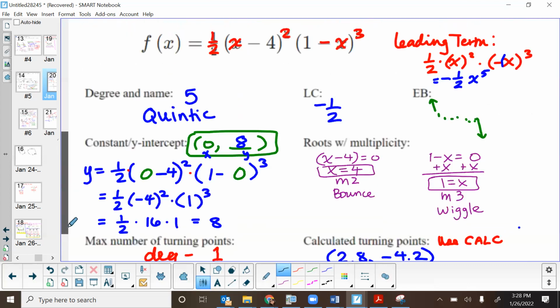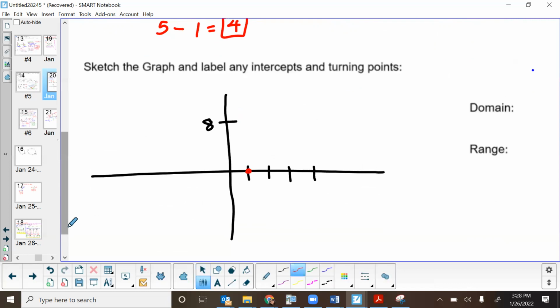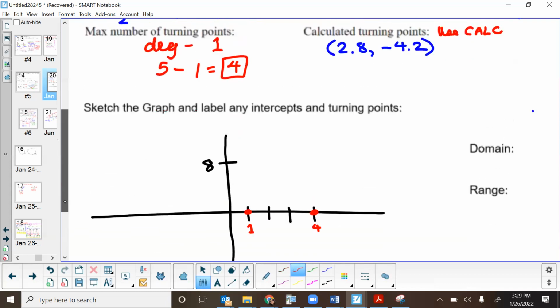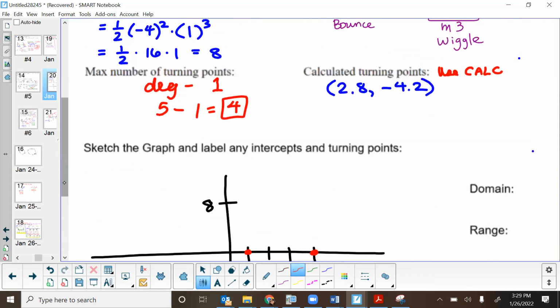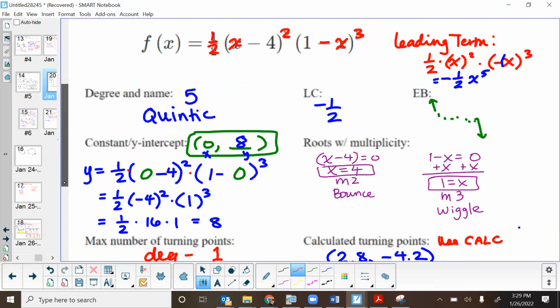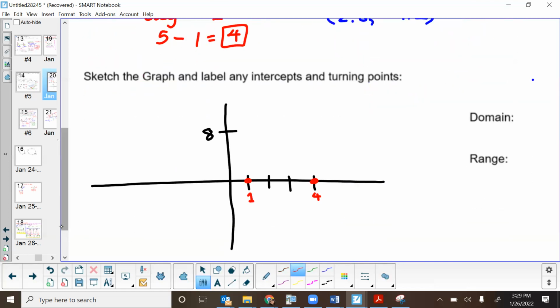It's going to start high, then it's going to go through 1 and 4. It's going to bounce at 4 and wiggle at 1. So it's got to come down and go through 8. It's got to come through here with a wiggle, and you can even label that it has a wiggle. It's going to go down, it's going to come back up and bounce and go down.